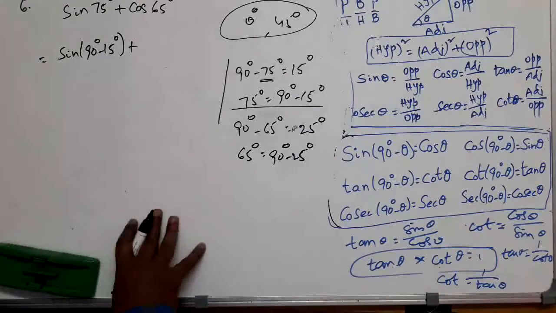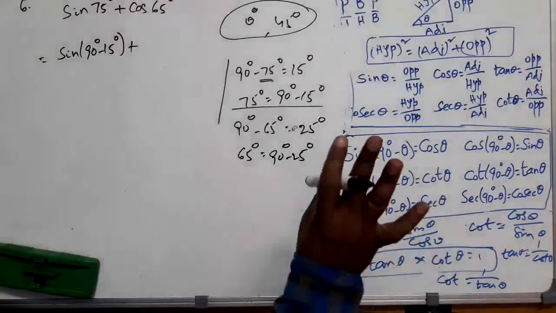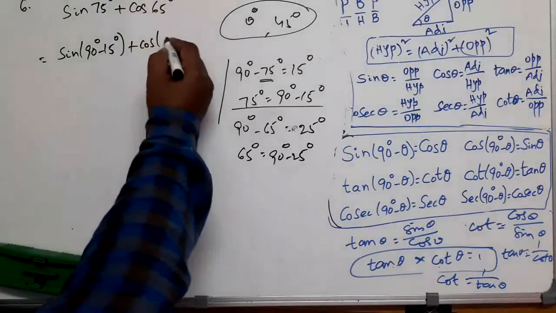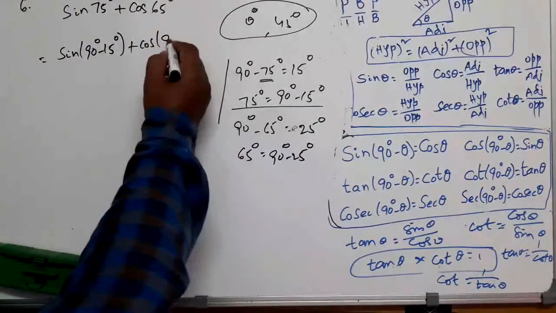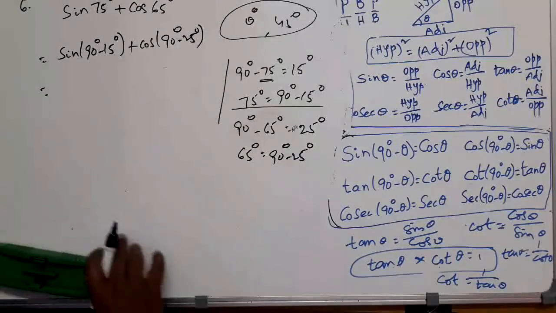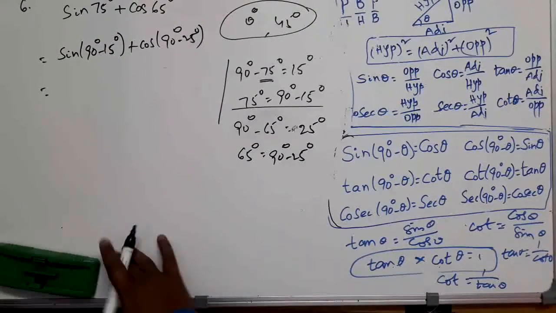I will use that. In that way, I have involved 90 degrees so that I can use this formula. So I am writing this as cos of 90 degrees minus 25 degrees. Approach is important. So this is the approach we are following for this question.